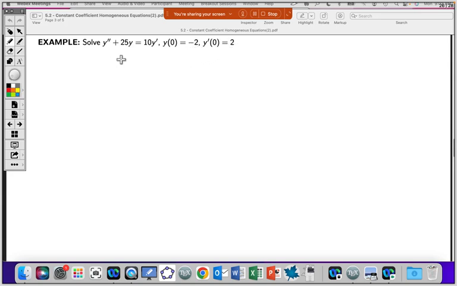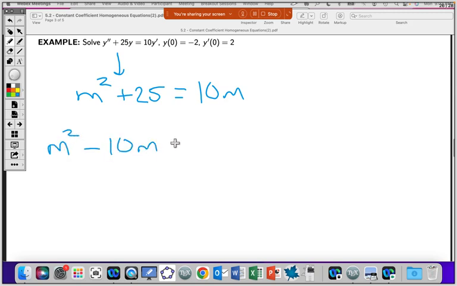But we've got y double prime plus 25y equals 10y prime. And sure enough, when you set this equal to 0, how does this factor?